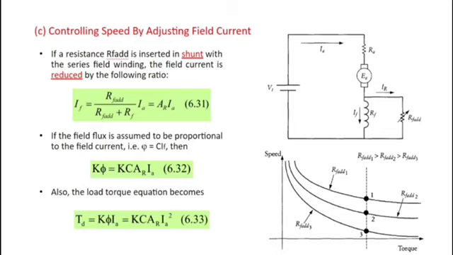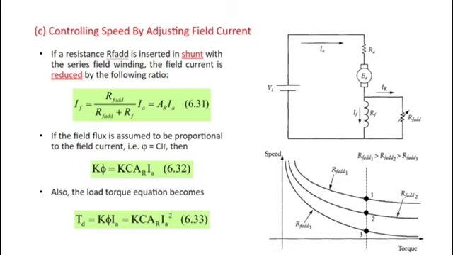This is based on Ohm's law, which states that the current through a circuit is directly proportional to the voltage and inversely proportional to the resistance. By adding a resistance in shunt with the series field winding, the total resistance in the field circuit is increased, which reduces the current flowing through the circuit.